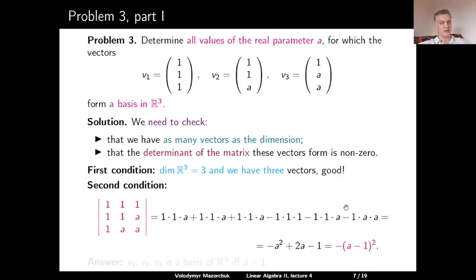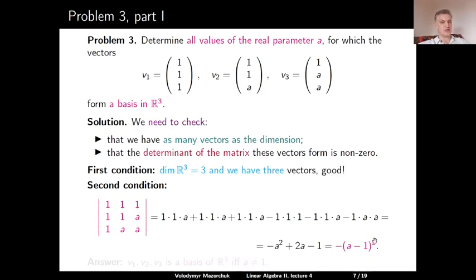So if we add all these things, we will get minus a squared coming from here, plus 2a coming from here, this and this term cancel, and then minus 1. And this is minus (a minus 1) squared.